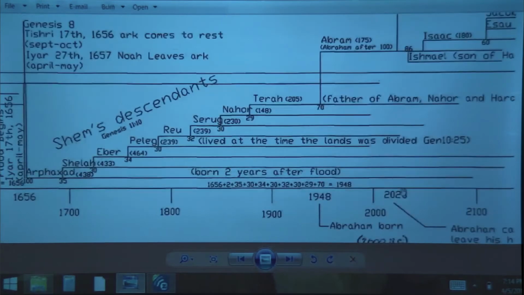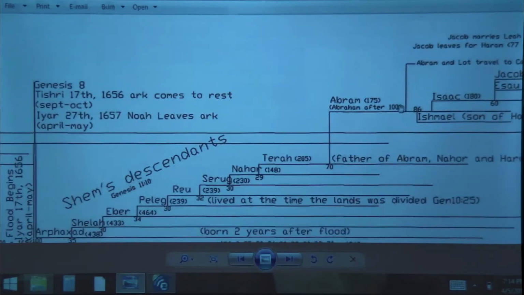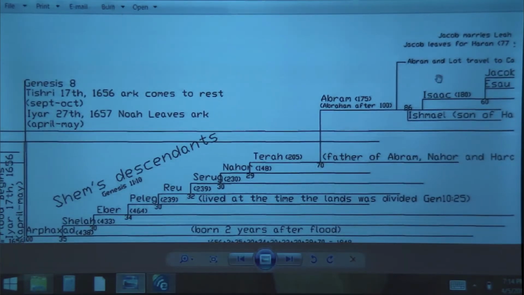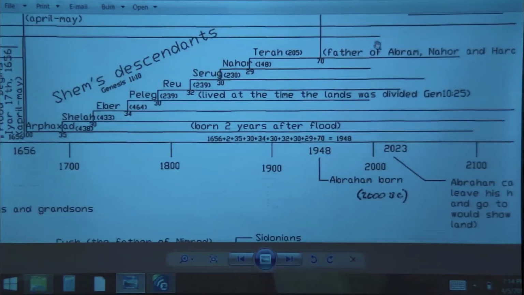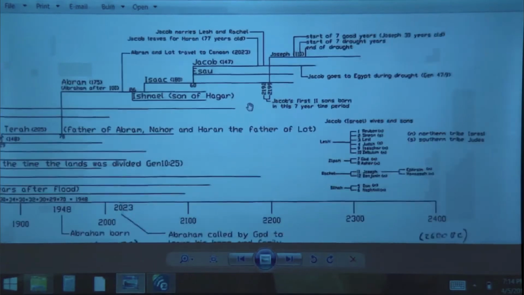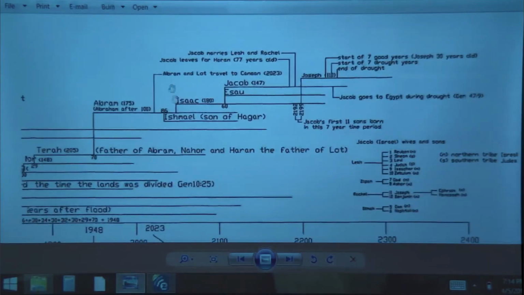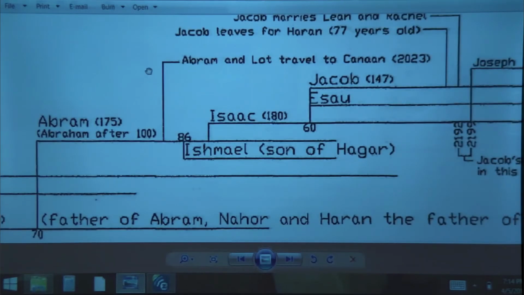You don't suppose that would mean anything, do you? So he was called, Abraham and Lot traveled to Canaan. Let me go forward one more page to page 6. Okay, so Abraham called by God to leave his home and family and go to a land that God would show him, the promised land, in 2023 in his timeline at 75 years old. I'm not saying anything, that's just kind of neat.